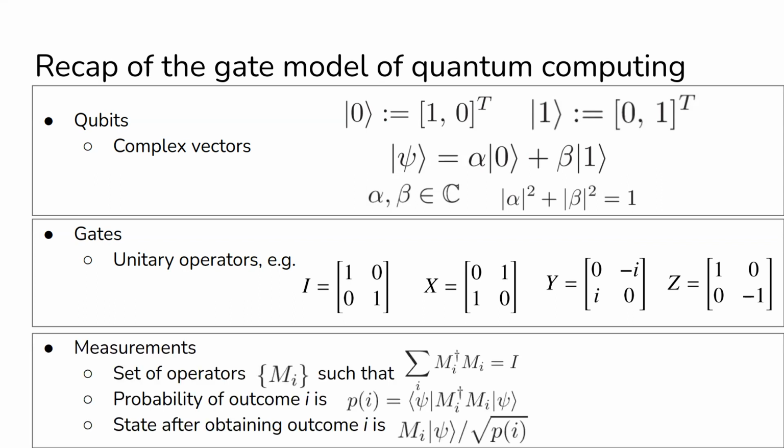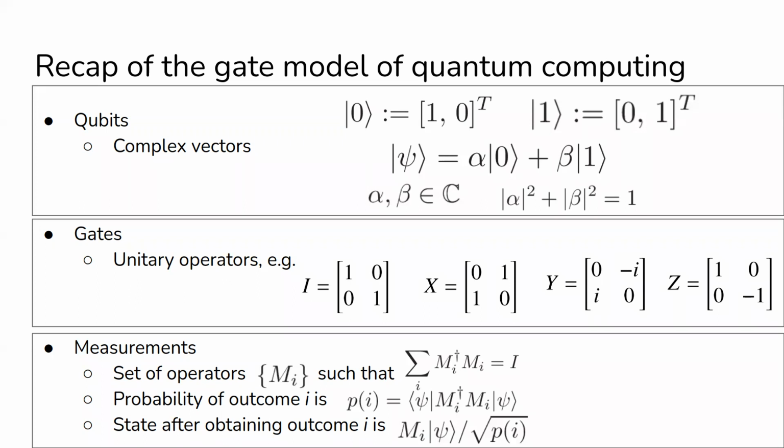The last thing is measurements. I'm going to include this here. I think this was covered in the first lecture. But the idea of measurements is we have this set of operators that's normalized in the sense that you see here, or complete, I should say. And the probability of an outcome is given by this overlap, psi, M_i dagger, M_i psi.